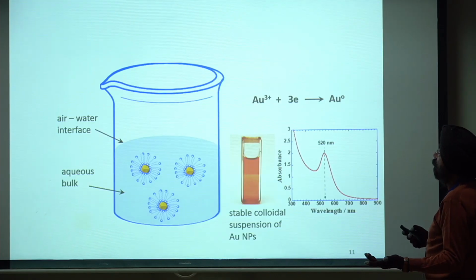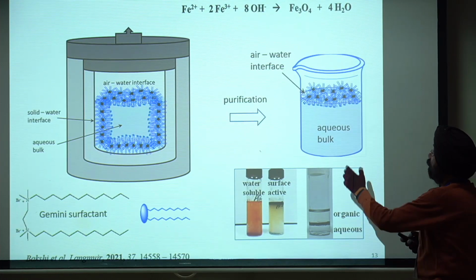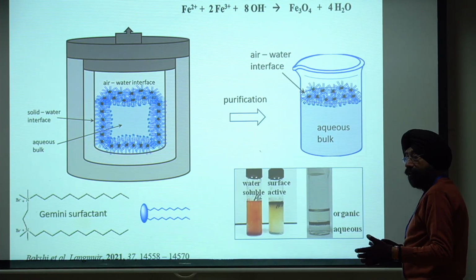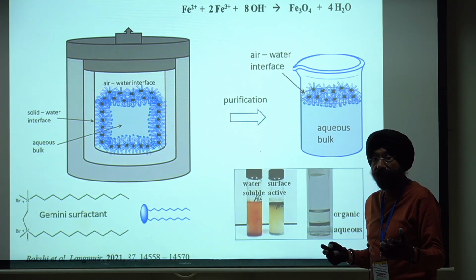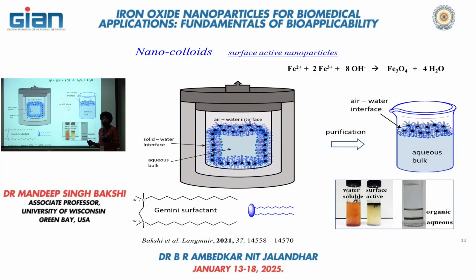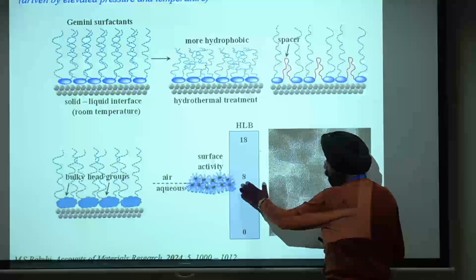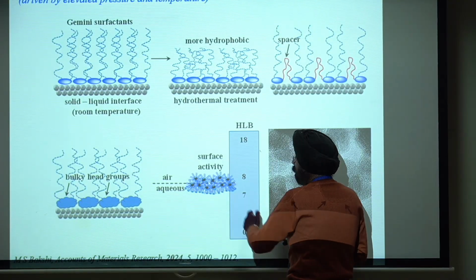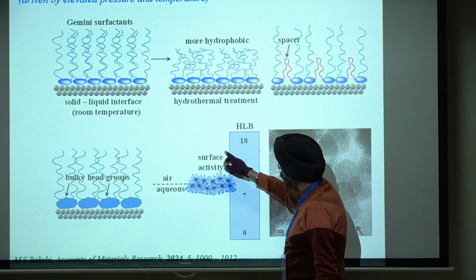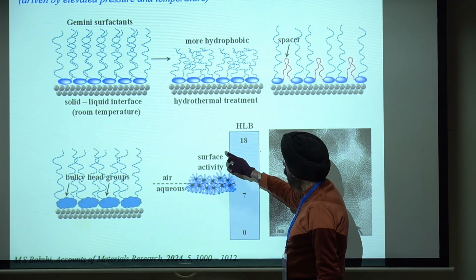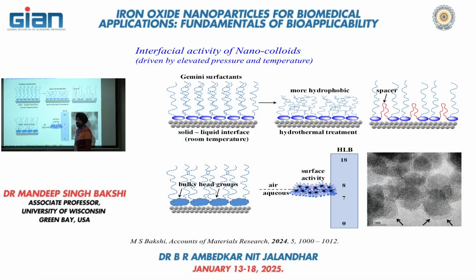So the nanoparticle that is coated with the Gemini surfactant, if you choose an appropriate Gemini surfactant, and that provides an HLB number value close to this, then the nanoparticle becomes surface active. Neither a particle with a higher HLB number nor a lower HLB number is going to be surface active. So it is not the surface activity of the particle.